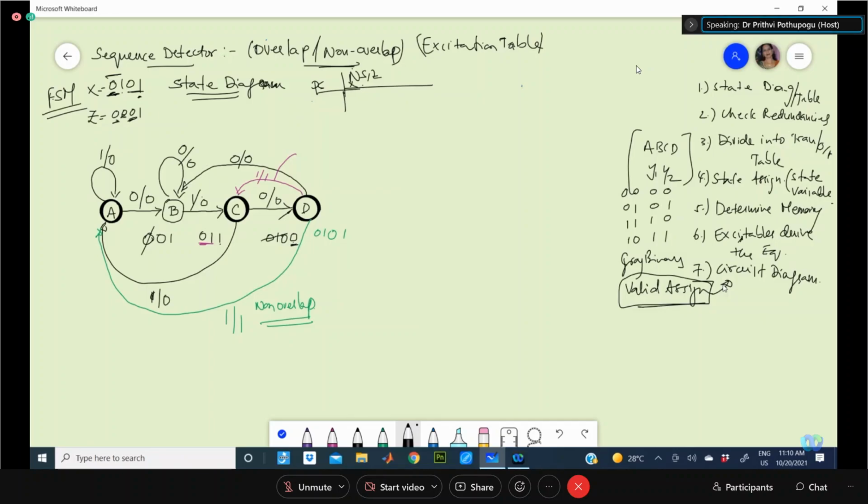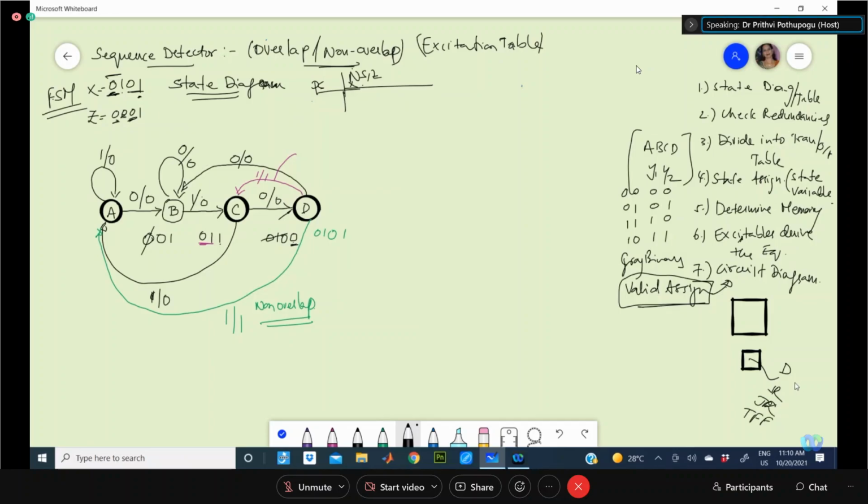Okay. Now, for this example, we do these steps now. See here, determine the memory if it is given. This step involves identifying whether you are using a D flip-flop or SR or JK or T flip-flop.